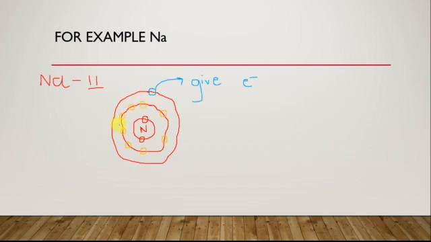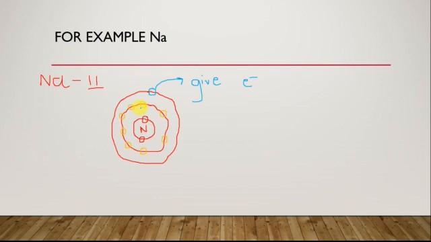It will get 8 electrons in the outermost shell, and as it gets 8 electrons in the outermost shell, sodium will become a stable atom.